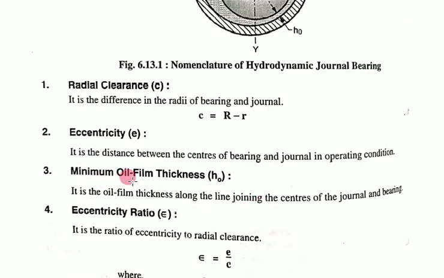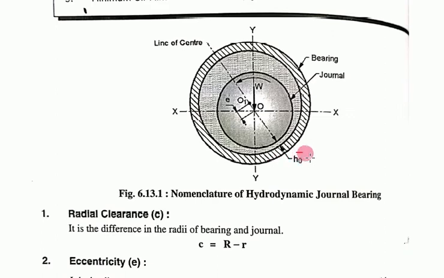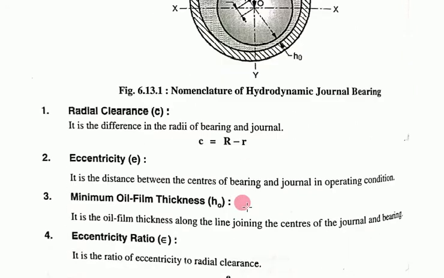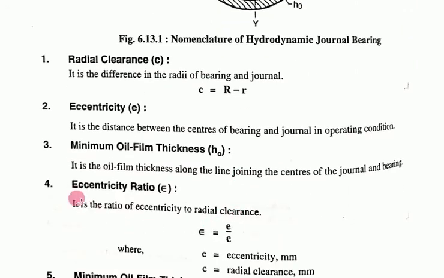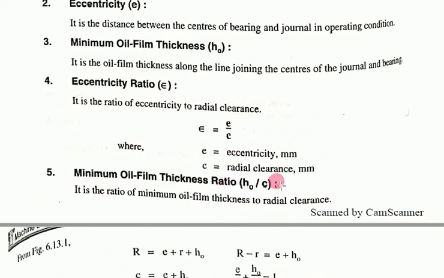Now the minimum oil film thickness h0, you can see here, is the distance remaining between the journal and the bearing. The eccentricity ratio, epsilon, is e upon c, eccentricity upon radial clearance.